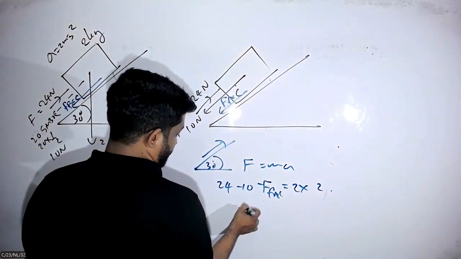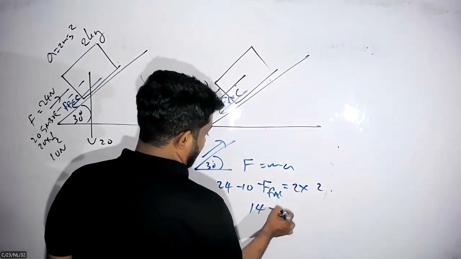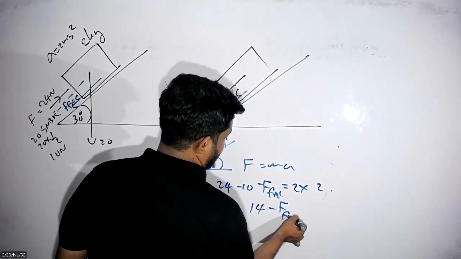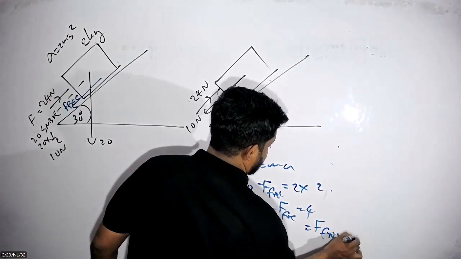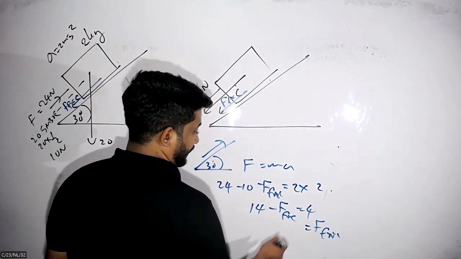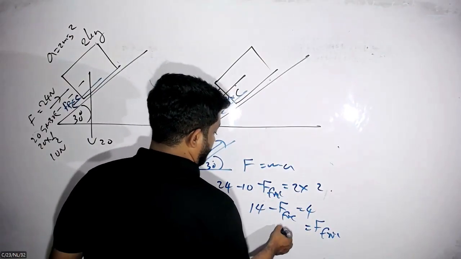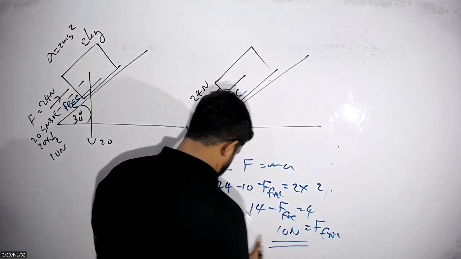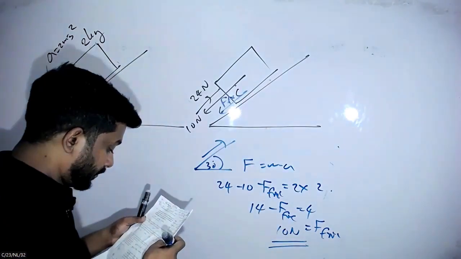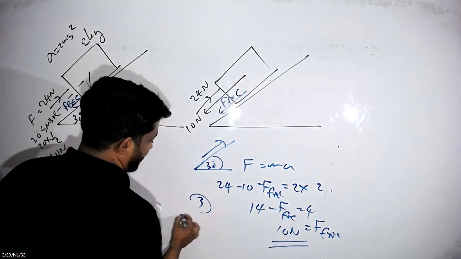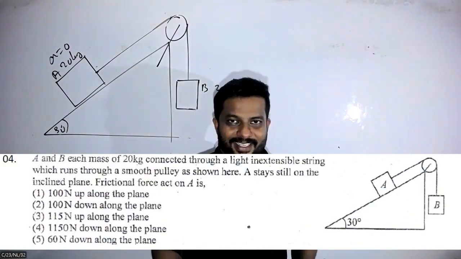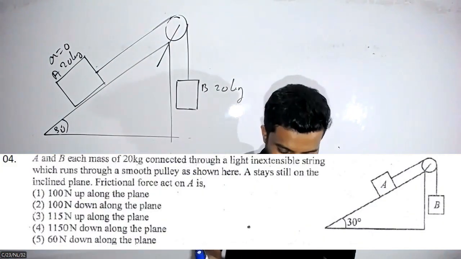Then 14 minus F friction is equal to 4. F friction equal 14 minus 4, 10 Newton. Frictional force is 10 Newton. Which one is the answer? Third one is the answer. Right, Pute? Right, Pute. Let's see the answer for the fourth one.